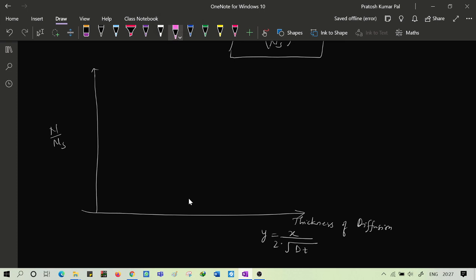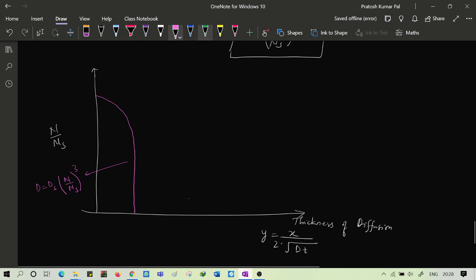Then the plot comes out like this. The first one is when D is equal to Ds into n by ns to the power 3. This is the case.